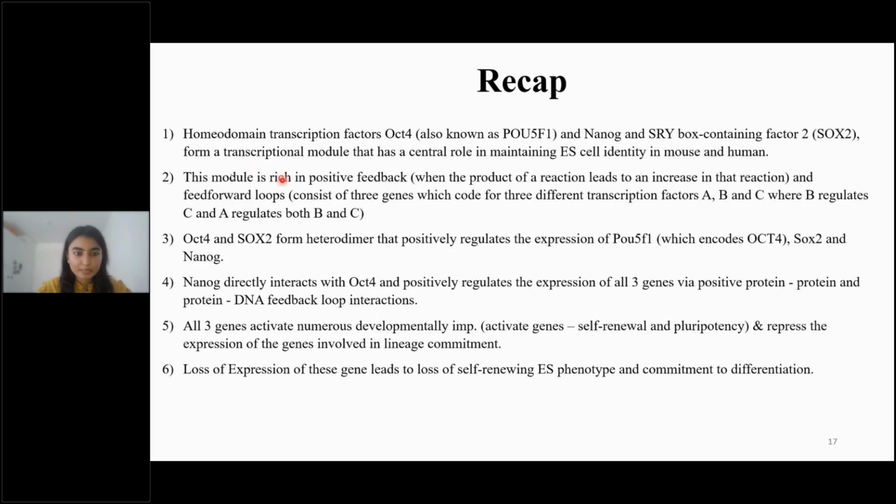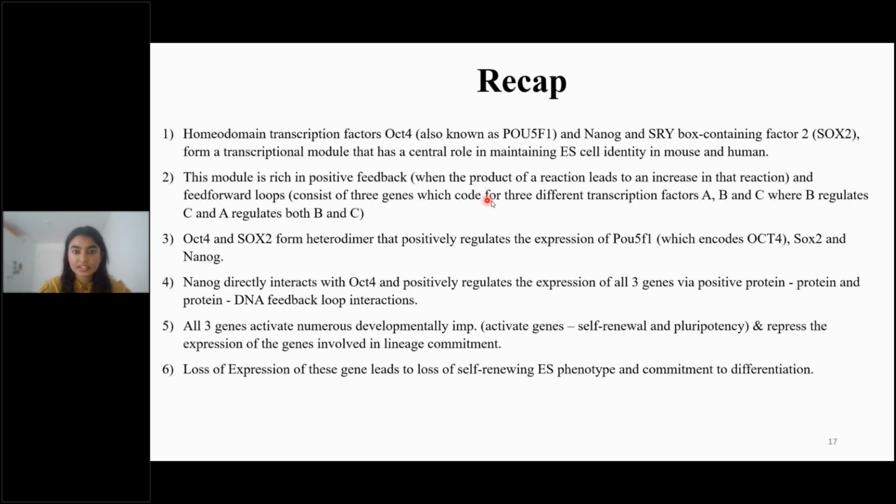Then they have a positive feedback loop, which means that the product, whatever proteins are going to form, can lead to an increase in the reaction. For example, if the gene is activated and is forming a lot of NANOG, then more NANOG concentration in the cell will activate the gene to produce more NANOG.